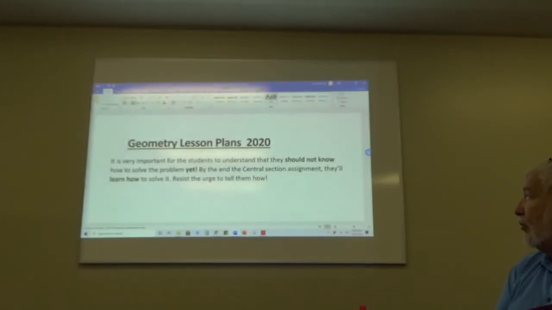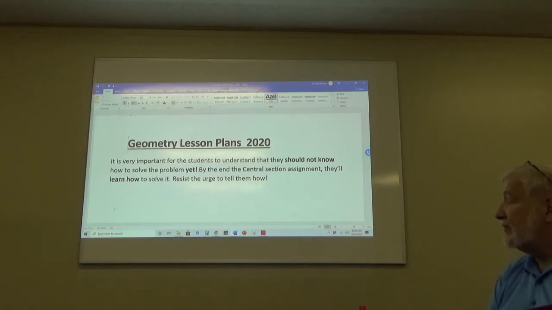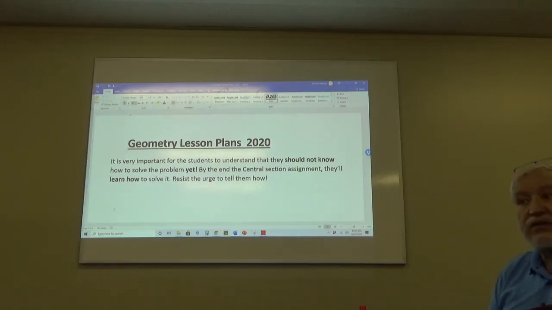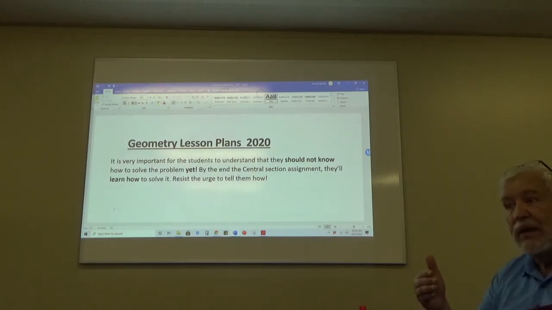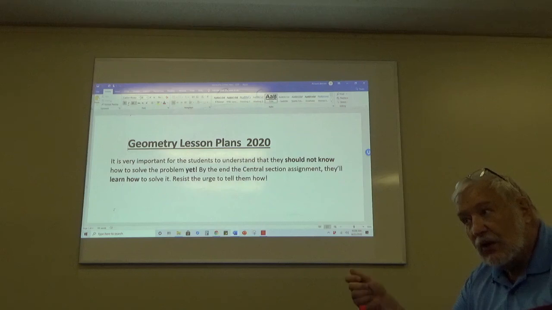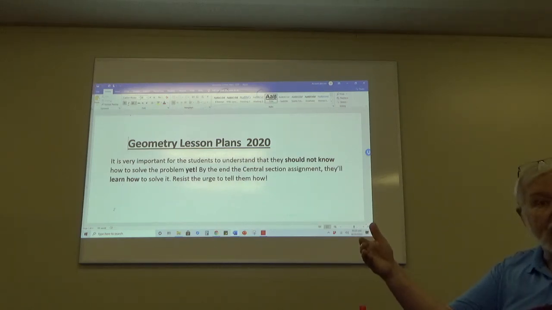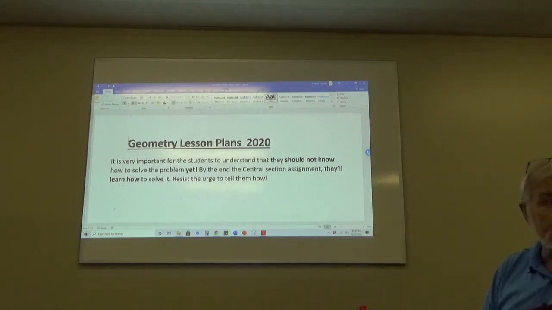It is very important for students to understand that they should not know how to solve the problem yet. This first problem, you're probably not going to know how to solve it. At the start of each chapter, the presentation of the problem is the skills that you're going to learn in the chapter. So you're going to start, represent the problem, and then we're going to find out what skills are necessary to find the answer to it.